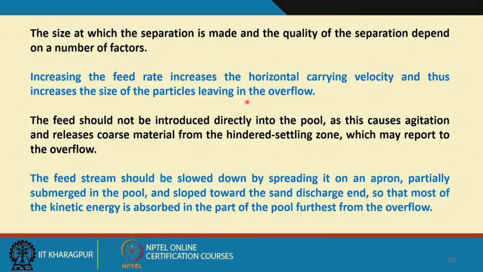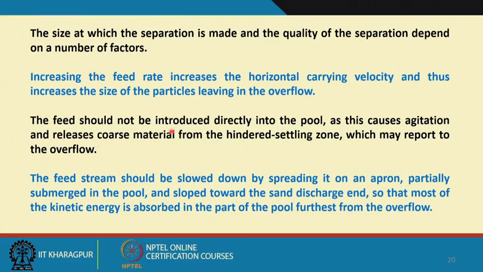So, the horizontal carrying velocity increases, and thus increases the size of the particles leaving in the overflow, because when the velocity is more, we have created more disturbance, and because of the disturbance some of the coarser particles will also report through the overflow. The feed should not be introduced directly into the pool.